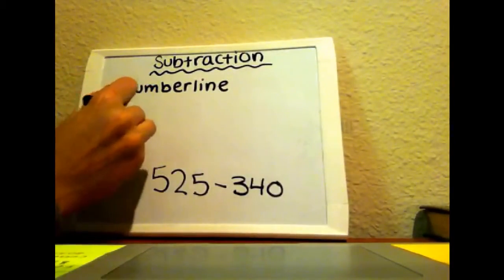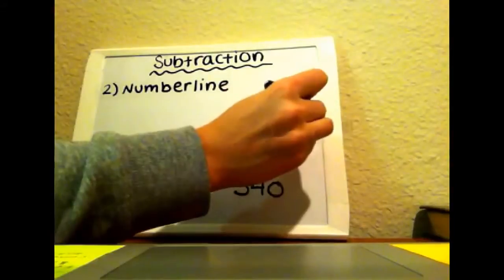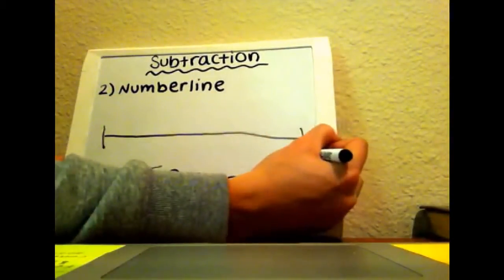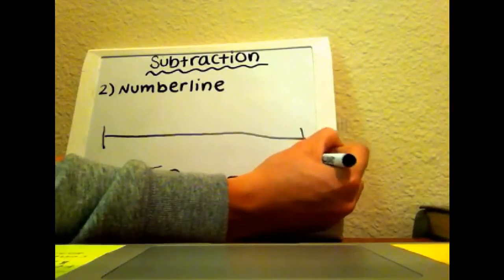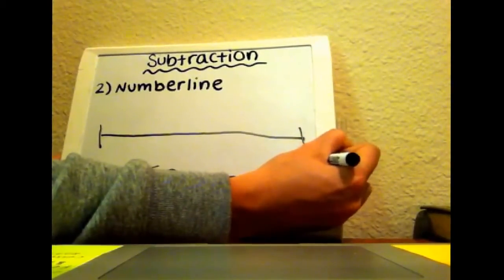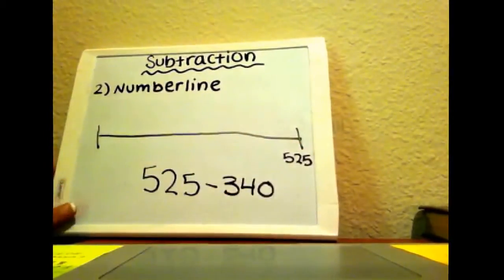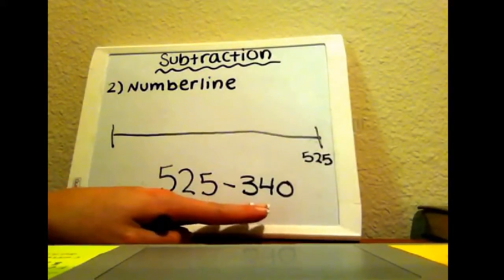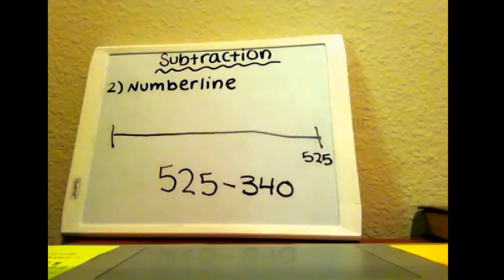So we'll start off again with our number line. And at the end is going to be 525. So since we're dealing with hundreds, just like we broke up the second number in our last problem into tens, we can break up 300 into also multiples of 10, but we can do it in a larger scale. We can break it up even by hundreds.